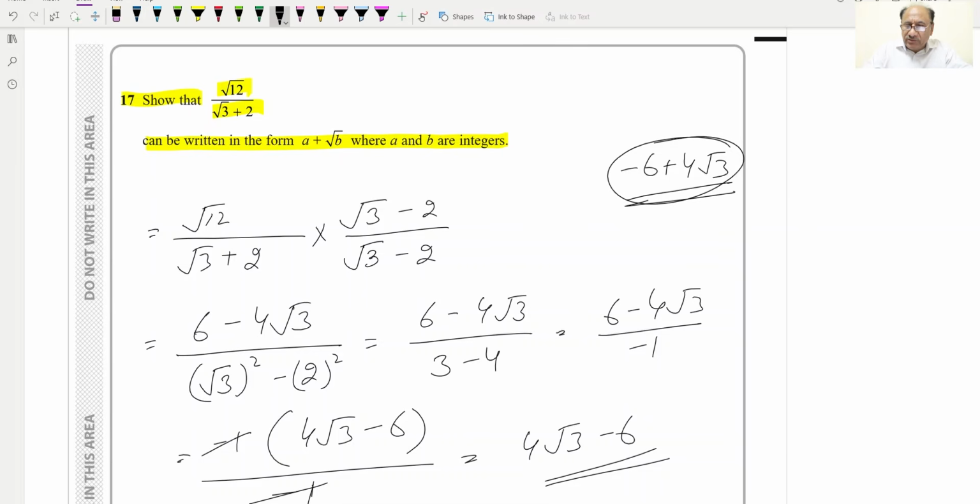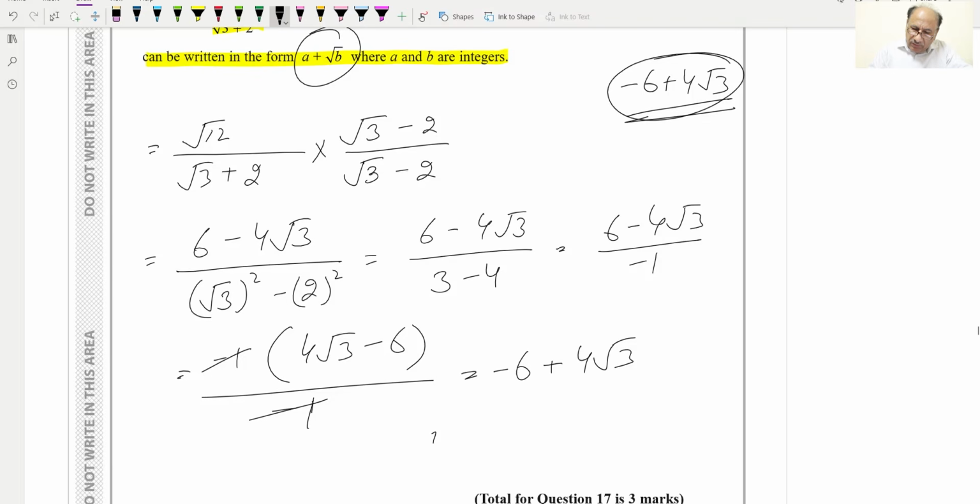So we can double check with the help of calculator. Basically we have to write this in the format a plus b root 3. 6 should be first, so we will write minus 6 plus 4 root 3, and a value is equal to minus 6 and b value is equal to 4.